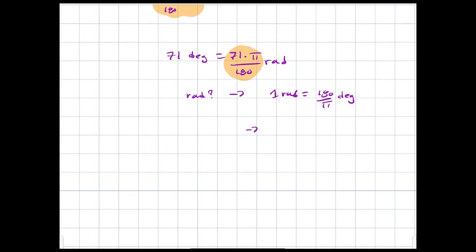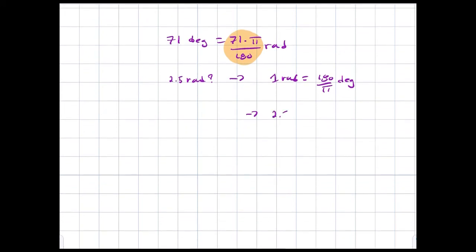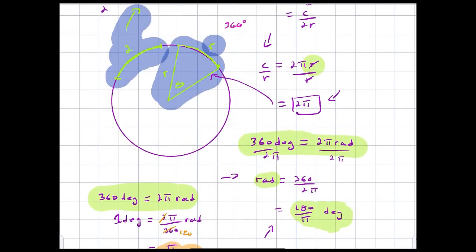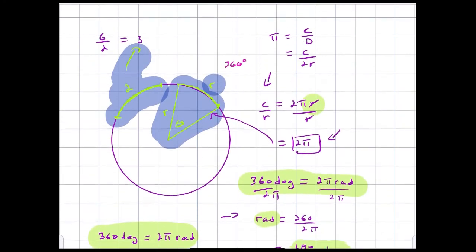Let's make it like 2.5, seems a bit scarier. 2.5 radians is 2.5 times 180 over pi degrees, whatever that is. And again, I can bust out a calculator for that. So that's how we convert, and that's it. Literally, that's it. And so hopefully this makes sense.